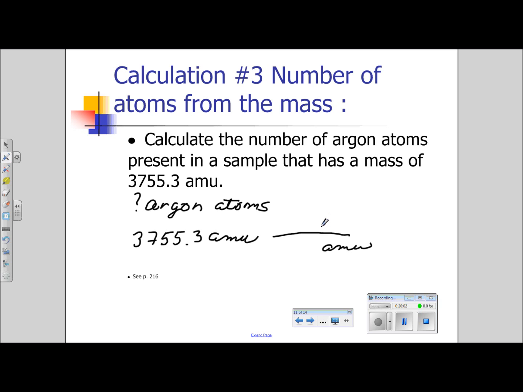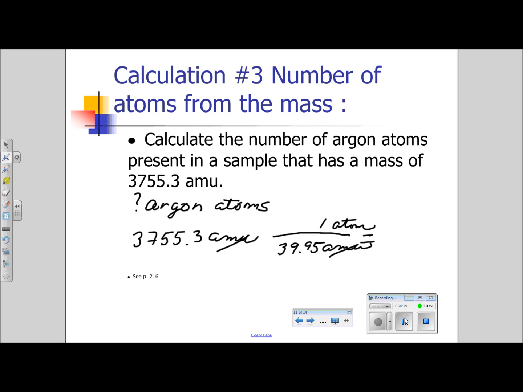One atom of argon is equal to 39.95 AMUs. AMUs cancel out. We are left with atoms.